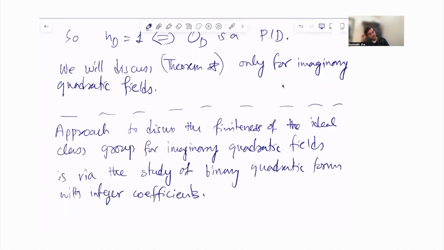We'll discuss binary quadratic forms with integer coefficients, and via their properties we'll say something about it.